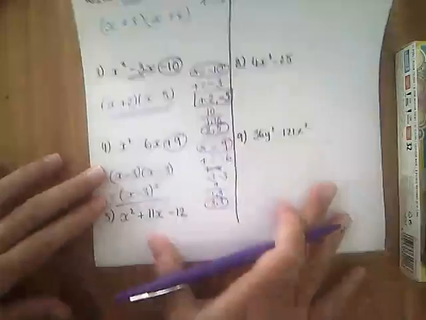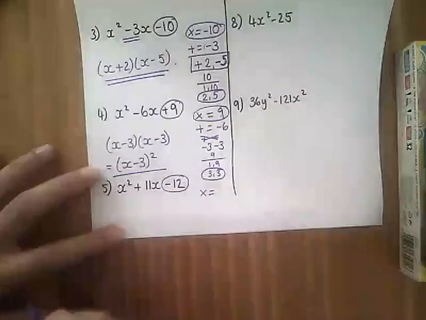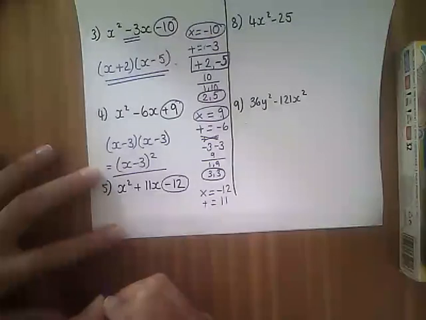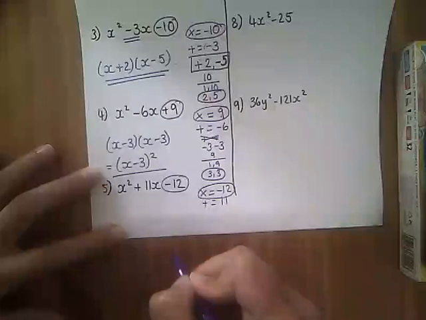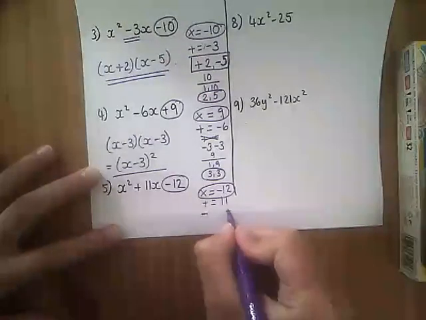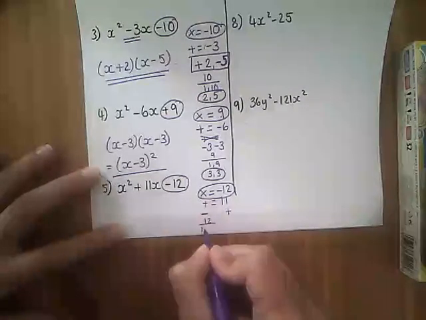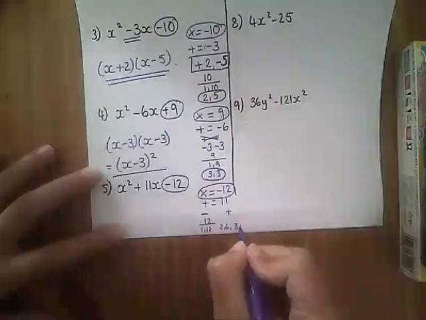Right, number 5. We've got to find two numbers that times to get minus 12, add to get 11. Okay, we've got a times to get a negative. So if we are timesing to get a negative, we're going to have one positive and one negative. And we've got to think of factors of 12: 1 and 12, 2 and 6, 3 and 4.